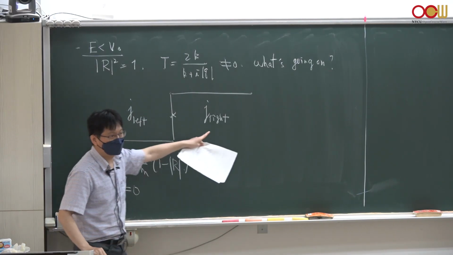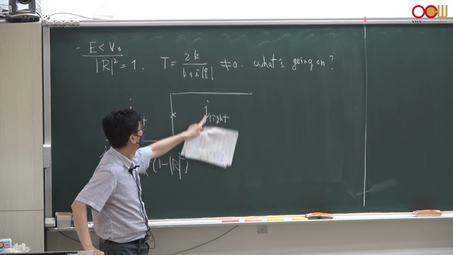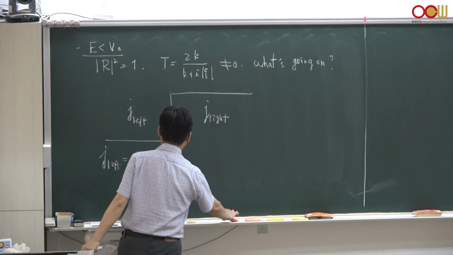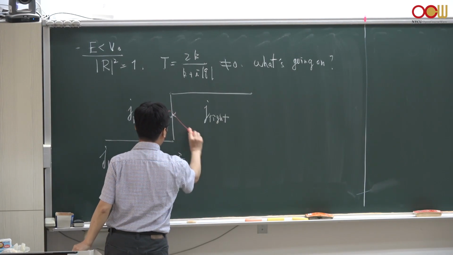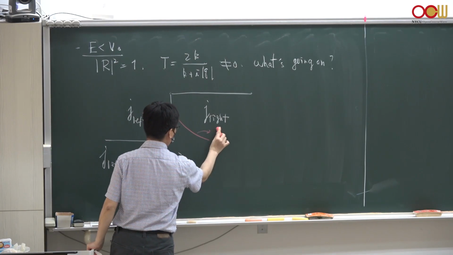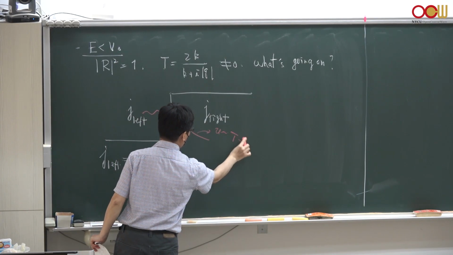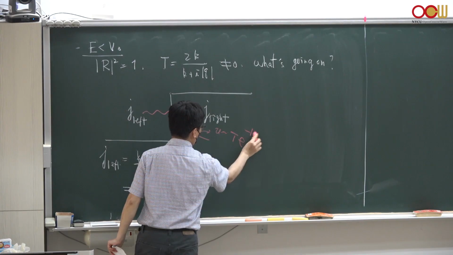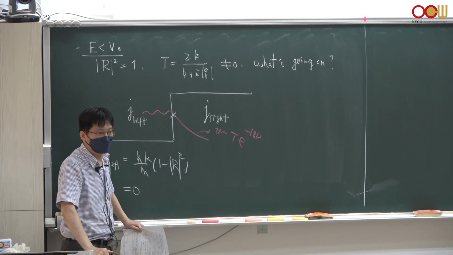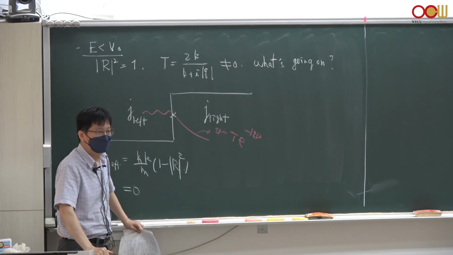So what about the right flux? You naively would think that while something is leaking inside the barrier or the step, because you have something that is an exponential decay function, there might be a flux on the right.